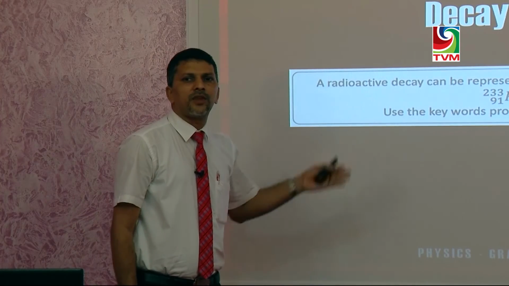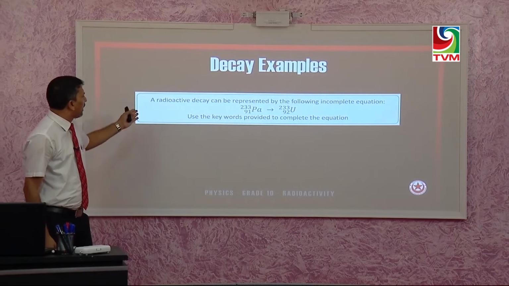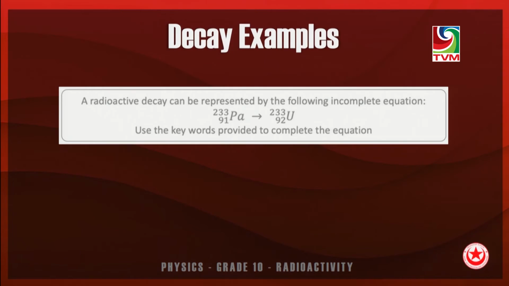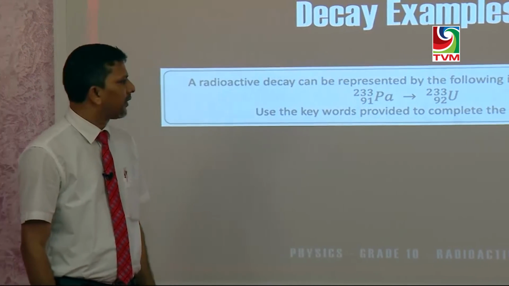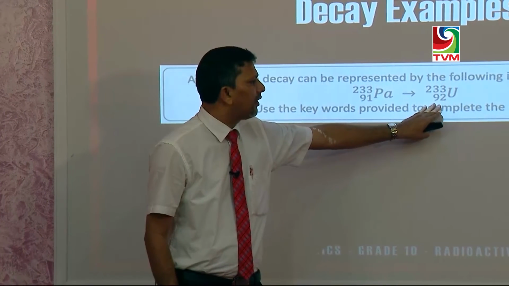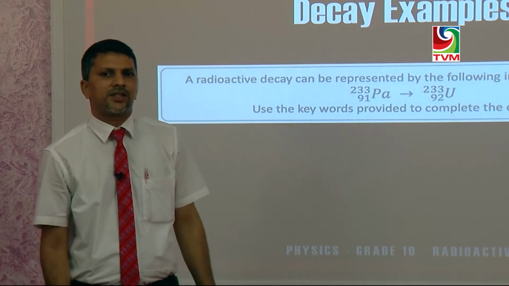Now we can discuss some past paper questions. Here look, one question. A radioactive decay can be represented by the following incomplete equation. Use the keywords to complete the equation. You can check which particle is emitted. Here protactinium 91-233, and the new element has atomic number 92 and mass number has no change.